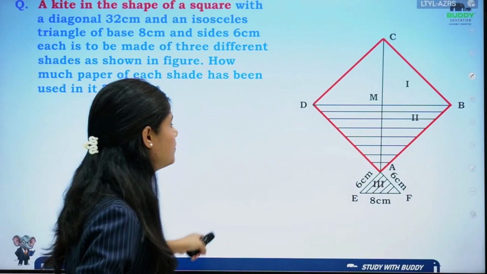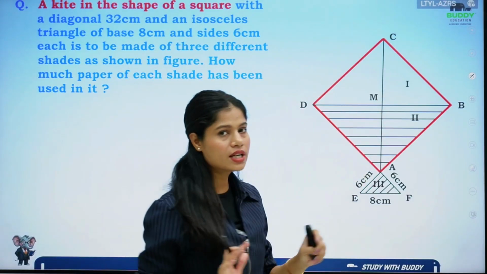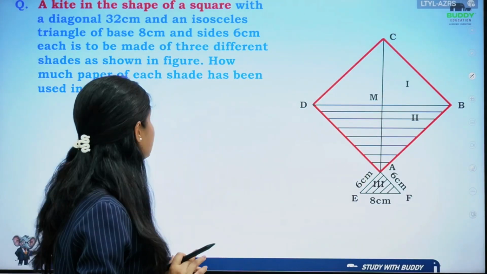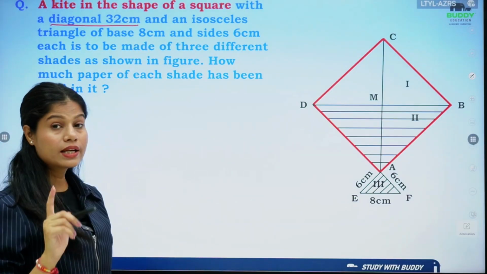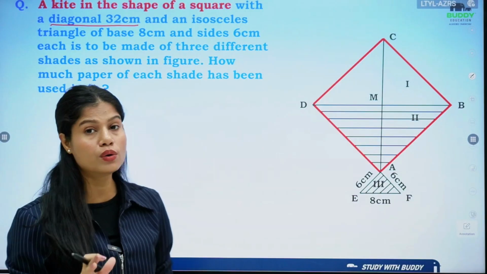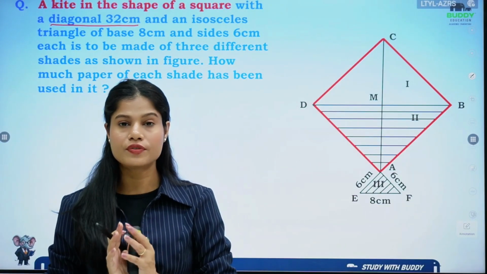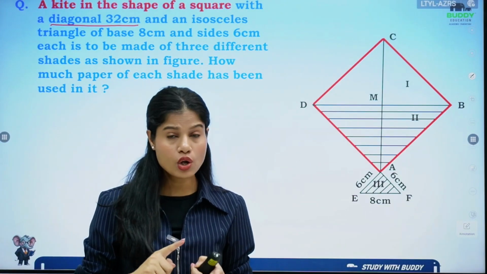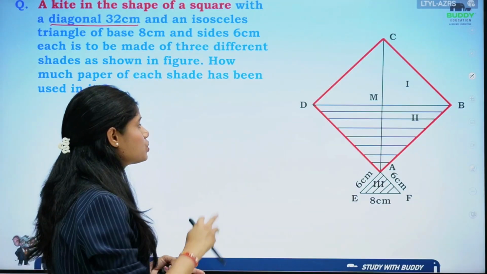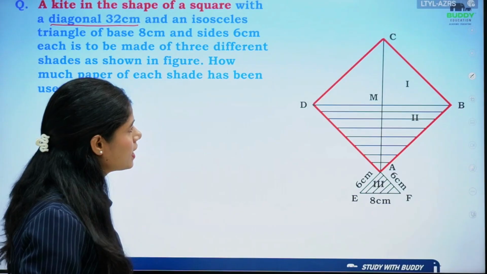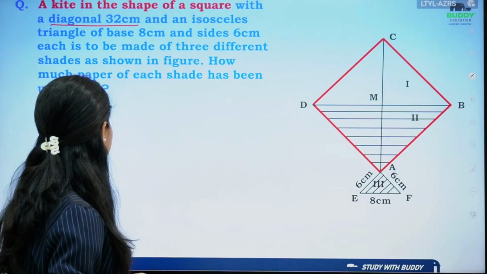What they have given is that ABCD is a square, and its diagonal is equal to 32 centimeter. We know certain properties of a square, that all sides are equal. If one diagonal is 32, you can let it be AC or BD, any of them.